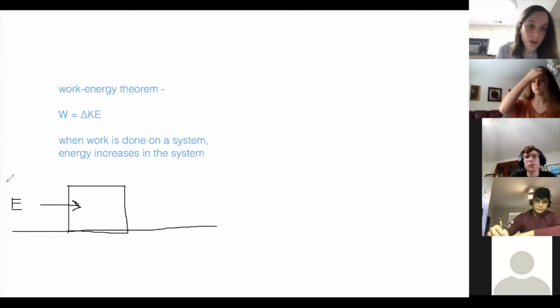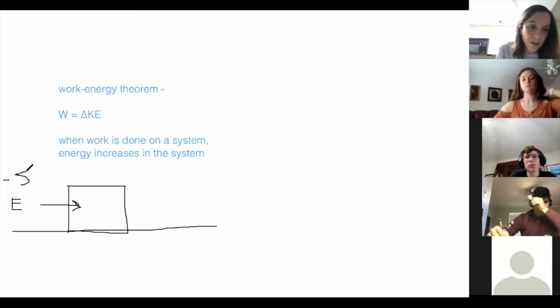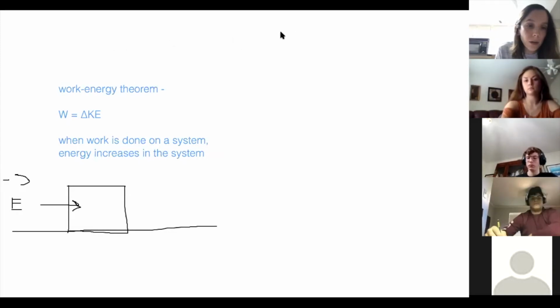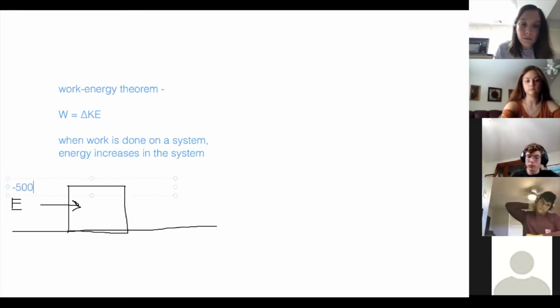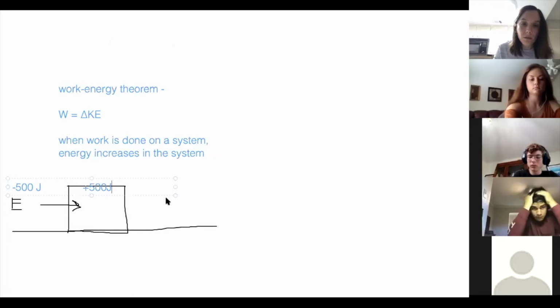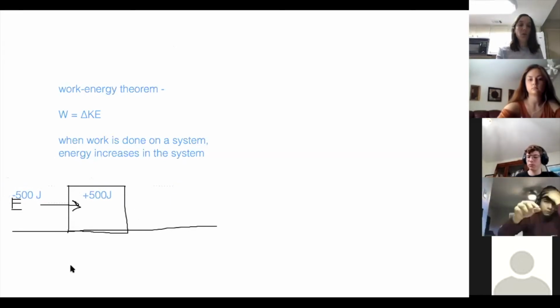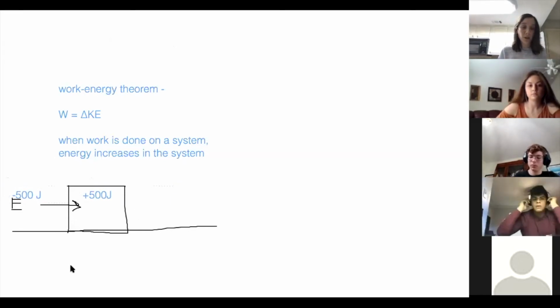So if you were to expend 500 joules of energy, you would have given 500 joules of energy to the box. So energy is always conserved and transferred.